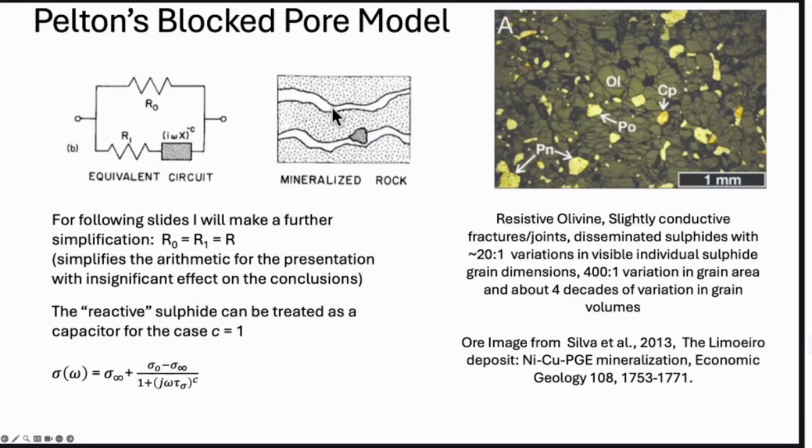So Pelton approximated the response of the black in this thing with pores, as shown here, blocked by mineralized grains, and said there's an equivalent circuit with a resistor on the top, another resistor through here, and this blocking element, for which he put a sort of reactive thing, which could either be a capacitor or a Warburg type of impedance.